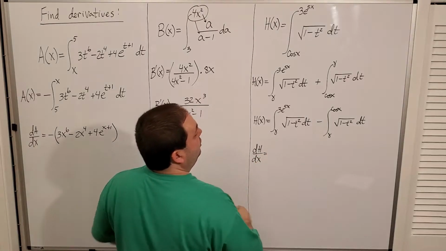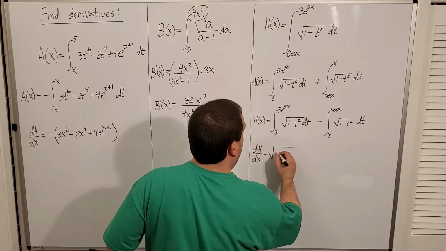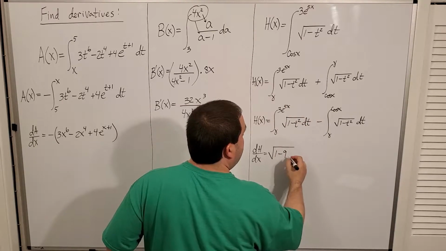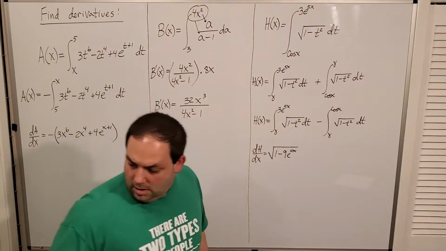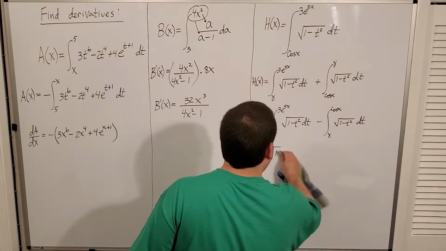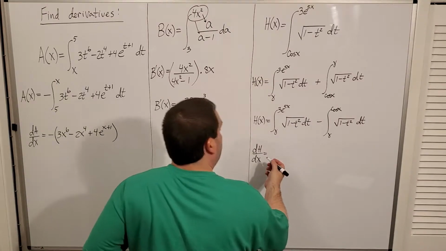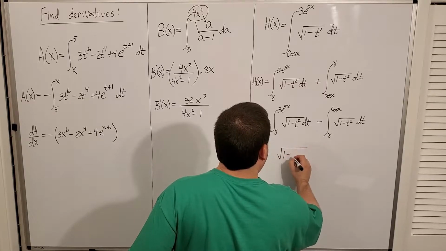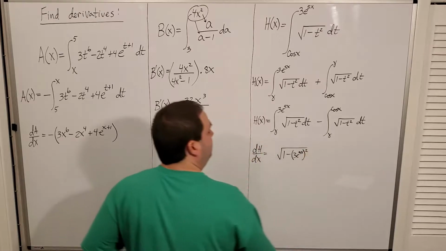is going to be equal to, here, the square root of 1 minus 3 squared is 9. And then e to the 5x squared is e to the 10x. You know what? I'm just going to write it out one step at a time. 3e to the 5x squared.